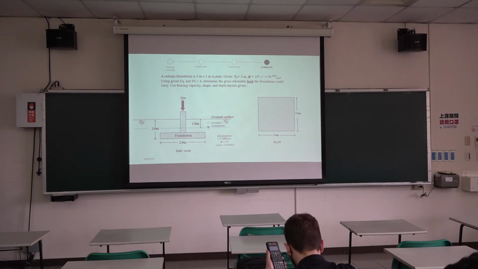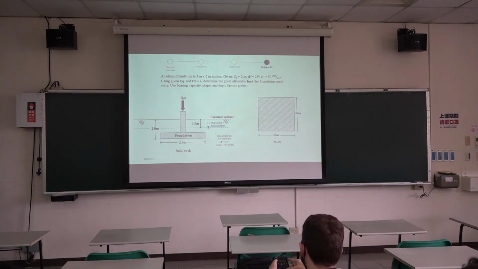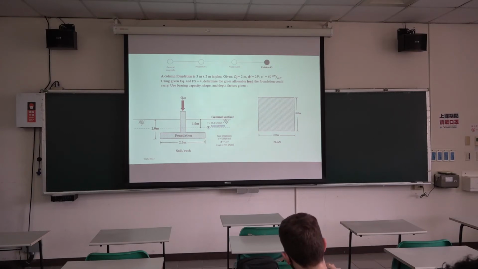The strength parameters are phi, the friction angle, and C prime is 50. The factor of safety should be 4. What they're asking us is to determine the gross allowable load the foundation can carry.